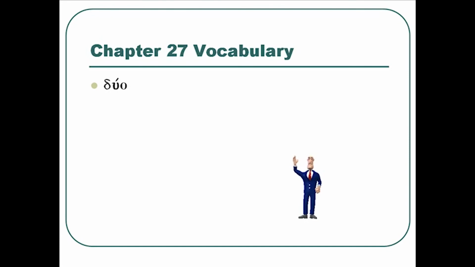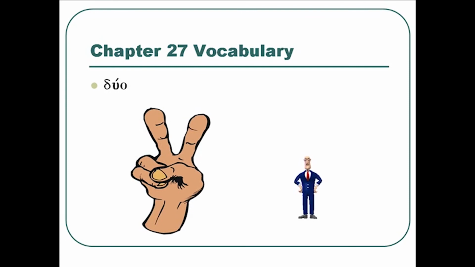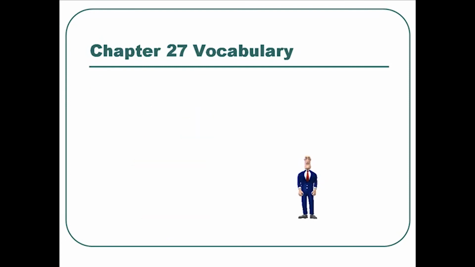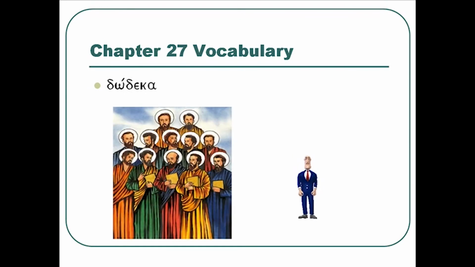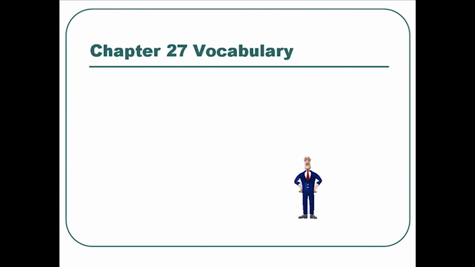The vocabulary for Chapter 27. The first word is duo, and it means two. The second word is dodeca, and it means 12.